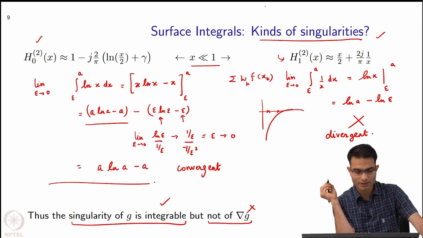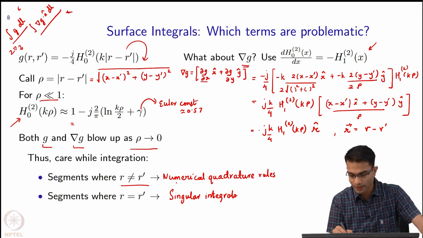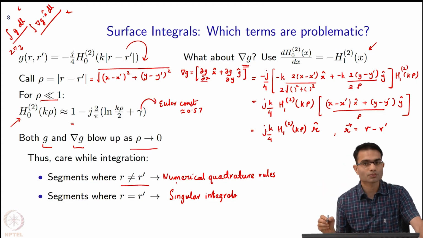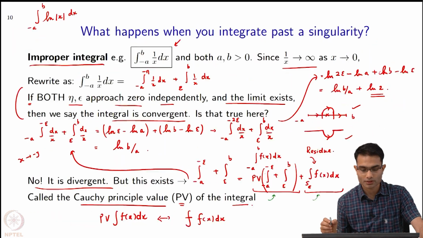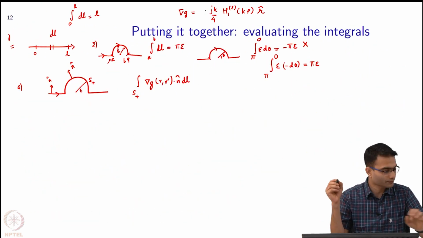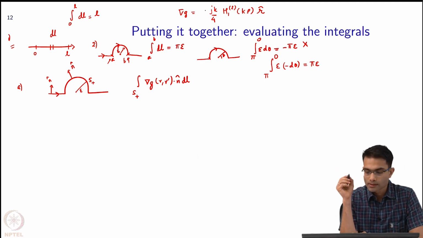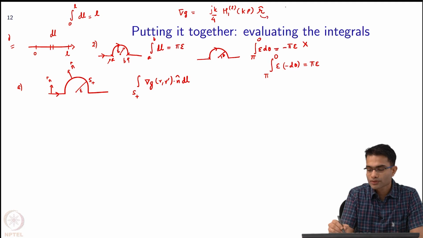We had derived grad g previously. Okay, grad g is a plus j k by 4 h 1 2, right? So, let us use the correct expression over here. There is no minus sign. Fine. Now, what was r over here? This was the unit vector for r minus r prime, right?